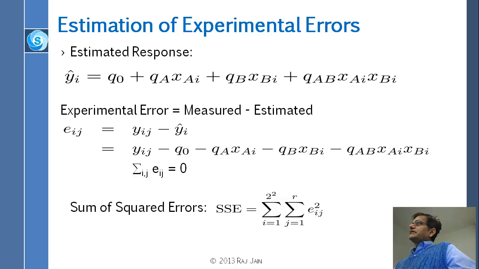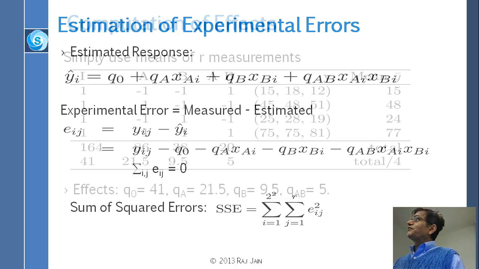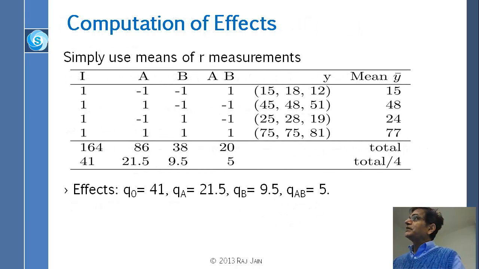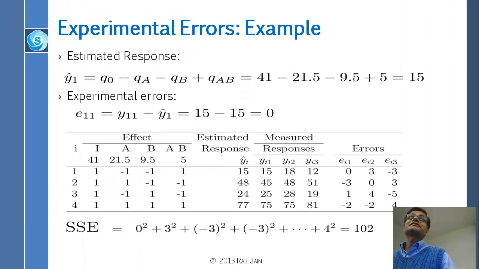So the mean error is 0, and the sum of the squares would be minimum when you do exactly what we showed you in the previous slide. When you do this thing in the previous slide, that will give you the minimum squared errors. And so the errors can be calculated for each of the observations by calculating y hat and then subtracting from the observations.